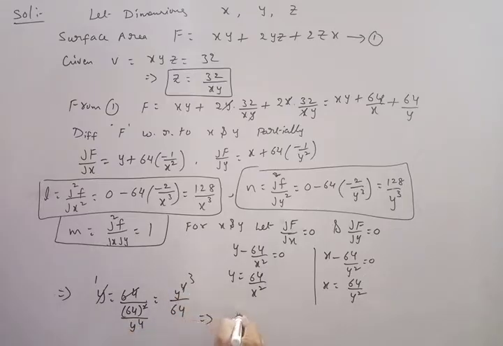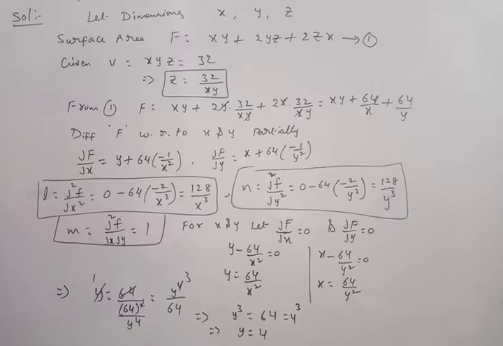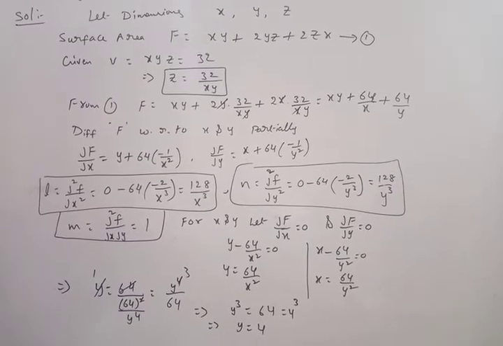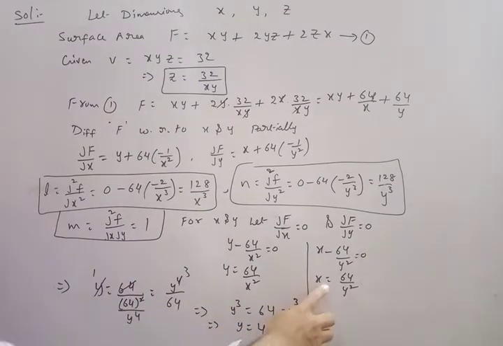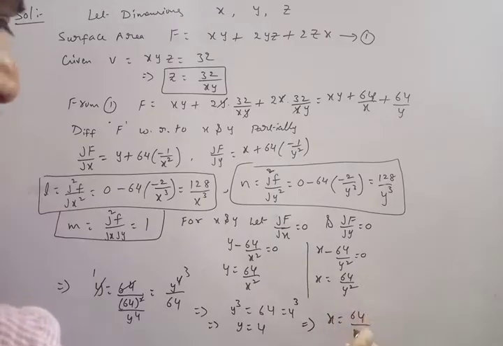So this implies y cube is equal to 64. So 4 cube. So y is equal to 4. Understand here? So I substituted the value of x here, so I got y is equal to 4. If y is equal to 4, so this implies x is equal to how much? 64 by y square.